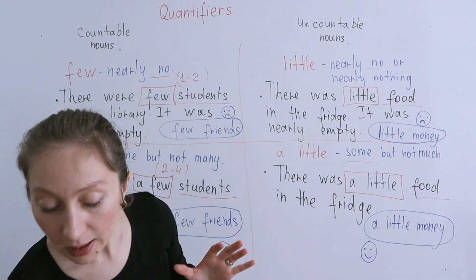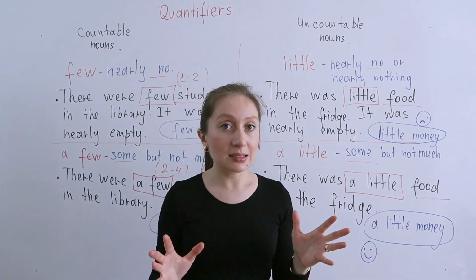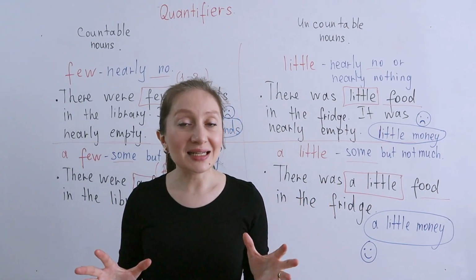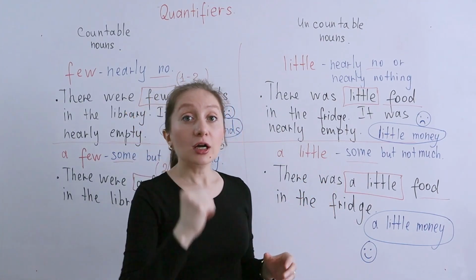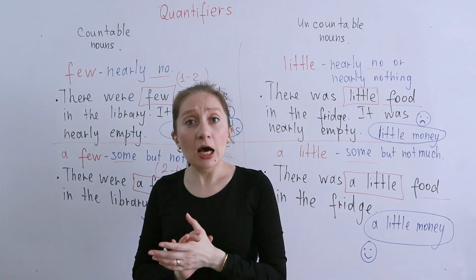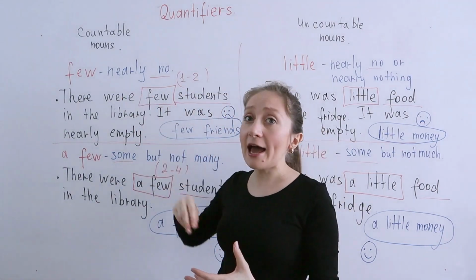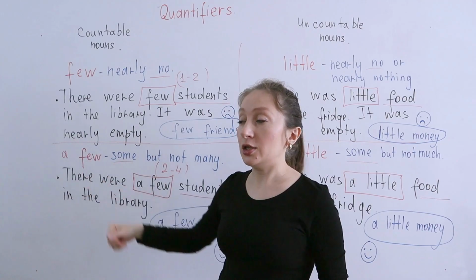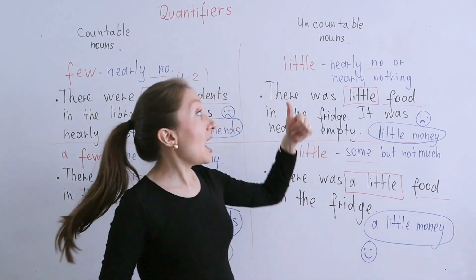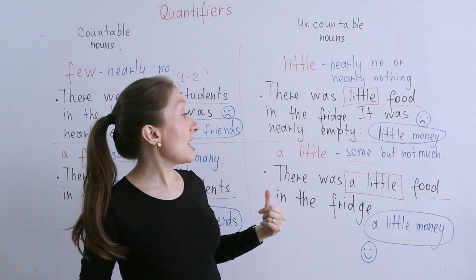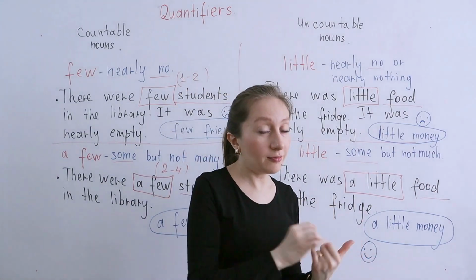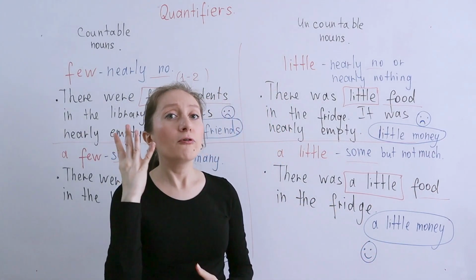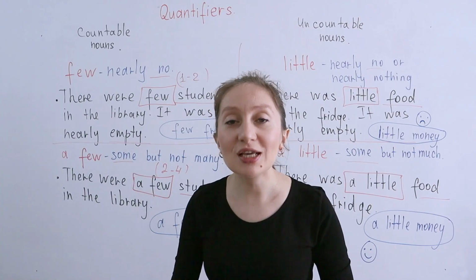So now your task is to make sentences with 4 quantifiers. I have few, I have a few, I have little, I have a little of something.